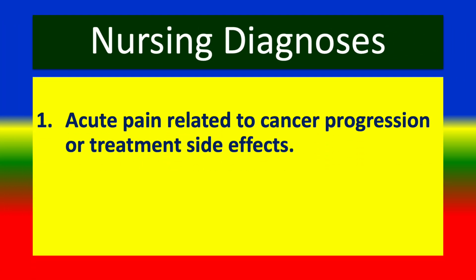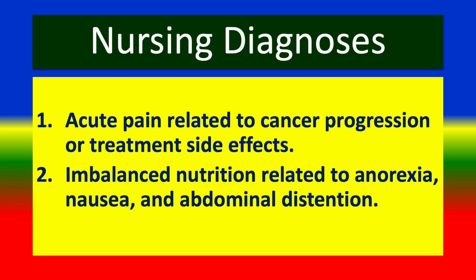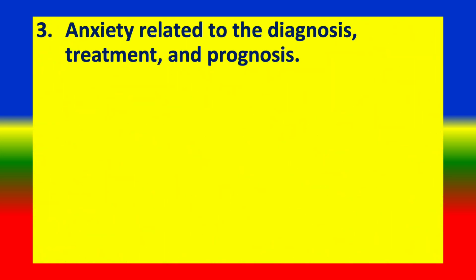Nursing diagnosis. 1. Acute pain related to cancer progression or treatment side effects. 2. Imbalanced nutrition related to anorexia and abdominal distension. 3.